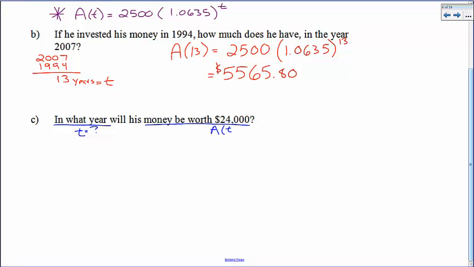So, in order to do this, we need to rewrite our function for this specific situation. In other words, a of t equal to 2,500 times our growth factor, 1.0635 to the t, and we need to substitute in for a of t and t with y and x, as shown.